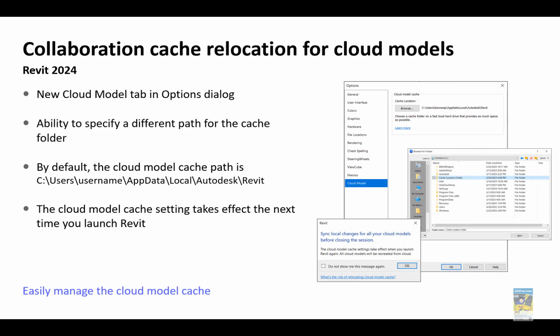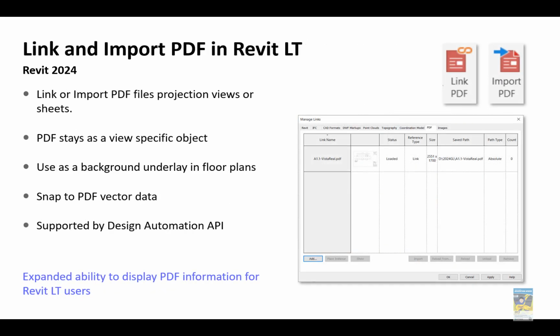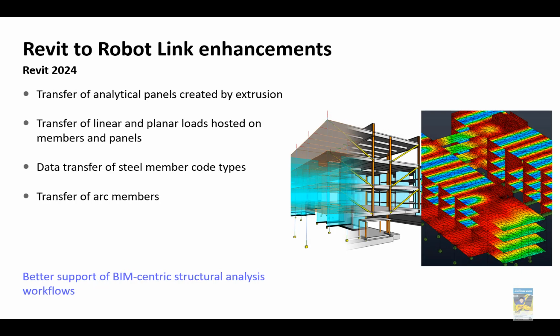For collaboration cache relocation, you can now specify it in the Options dialog box. You can link or import PDF file projected views or sheets too. Have Revit to Robot link enhancements, so they continue to improve this functionality and interoperability.